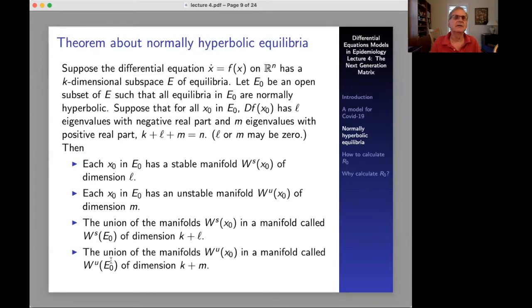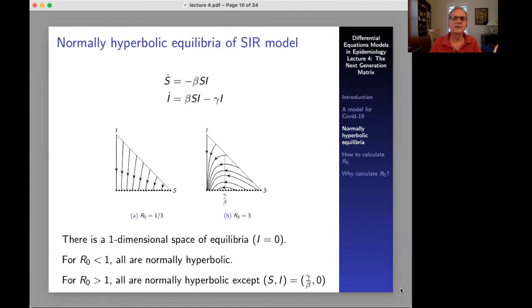And finally, the union of the manifolds Wu of x naught is a manifold called Wu of E naught of dimension K plus M, K for the dimension of the underlying open set E naught, M for the number of unstable eigenvalues. That was probably all pretty confusing.